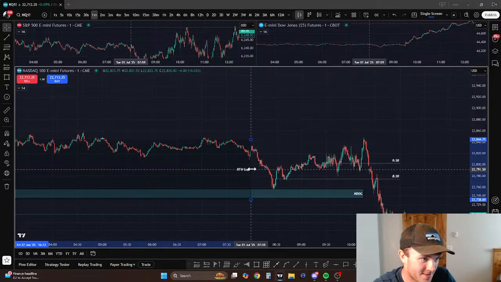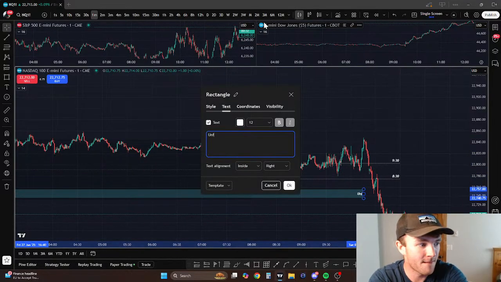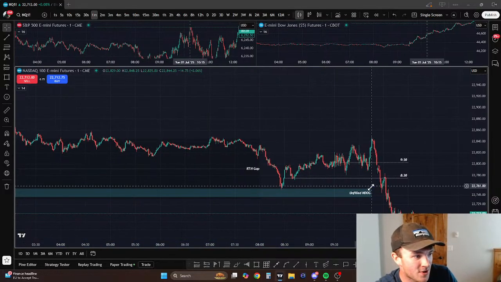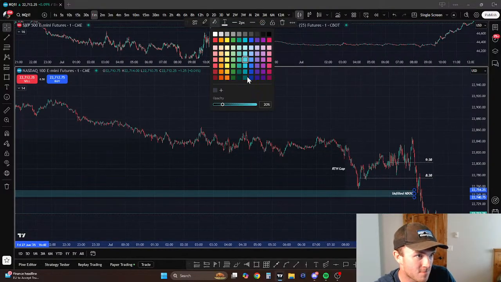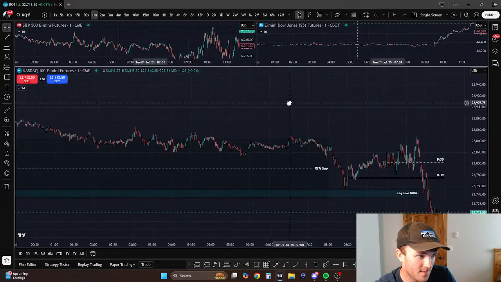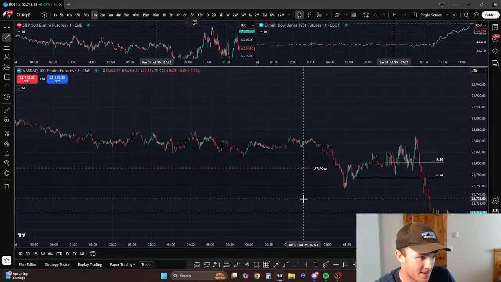So we had this RTH gap. I knew that we were possibly going to be drawing down to this, right? Actually, I'm not even going to talk about the new day opening gap.